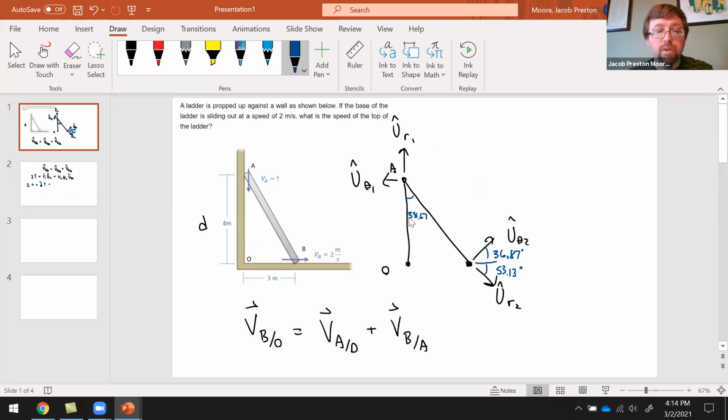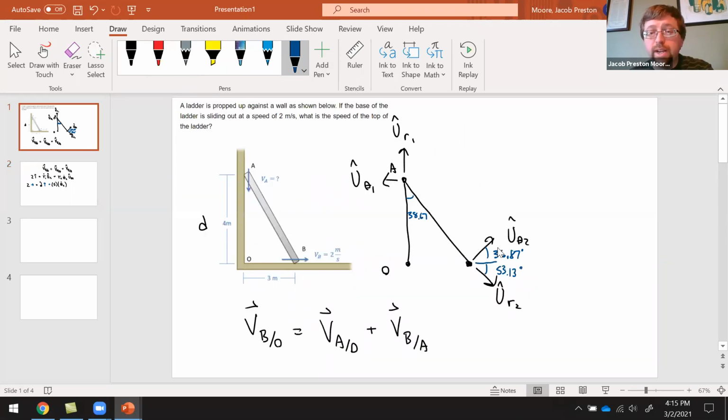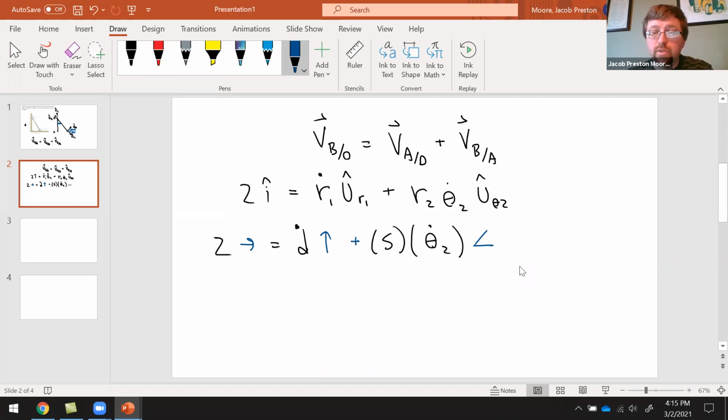How long is R2? 3 squared plus 4 squared gives me 25. The square root of 25 gives me the length of the ladder AB, which is 5 meters. So R2 is 5. Theta dot 2, I don't know that; it's the rate of rotation of the ladder itself. Then the U theta 2 direction was going 36.87 degrees up. So this angle here was 36.87 degrees.